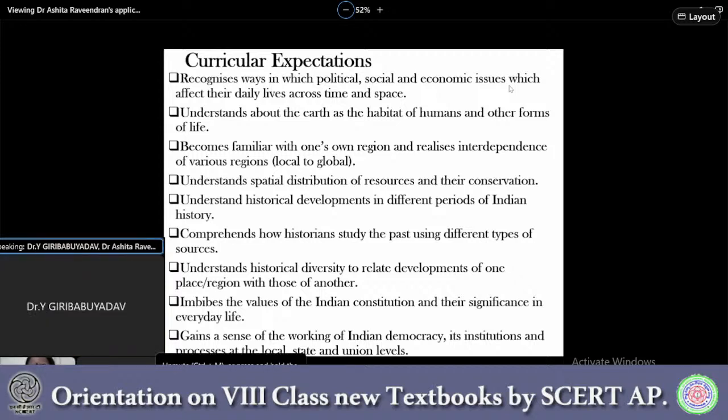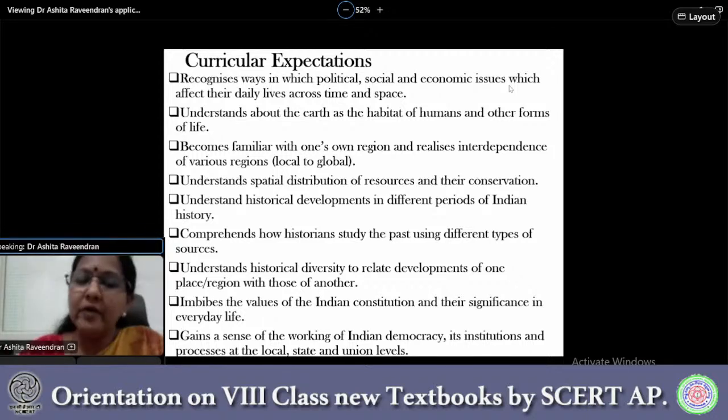You carry on, madam. Okay, next is how to imbibe the values of the Indian Constitution. Coming to social and political life, here we are making our learner imbibe the values of the Indian Constitution and its significance in everyday life. Why constitutional rights and duties are important as a citizen of this country.